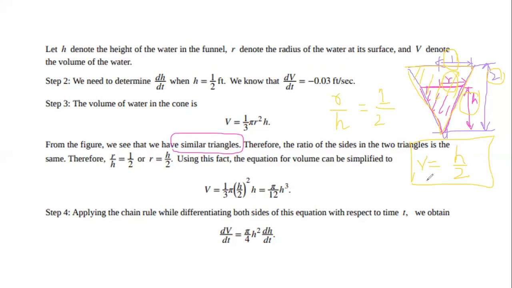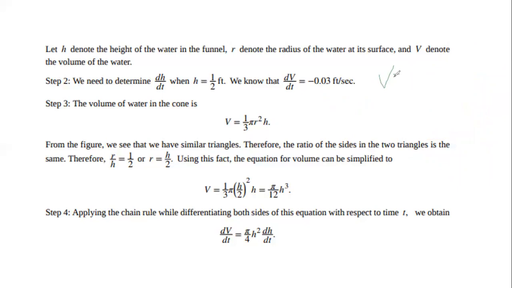So the ratio of radius to height is the same. The radius divided by height of the smaller triangle, r and h, which are unknown, equals the radius divided by height of the second triangle, 1 and 2, which are known. So putting in the values, the radius equals h upon 2.